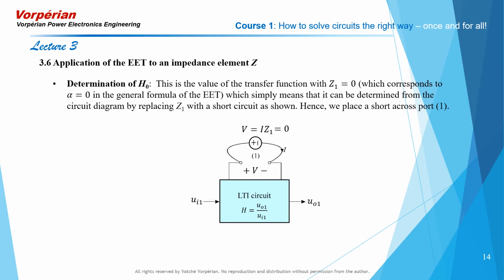You have a voltage source here whose value is 0. That's a short circuit, so that goes out of the picture and a short circuit comes in its place. And now you compute this transfer function, output 1 over input 1, with that element Z1 shorted. And that yields H0. This is your first computation, which is shown in yellow colors.